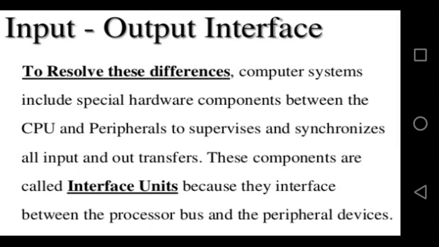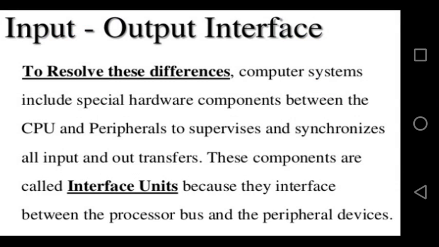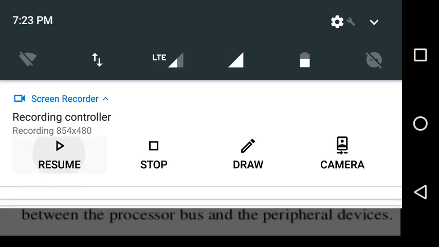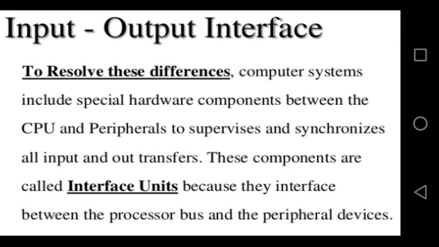These components are called interface units because they interface between the processor bus and the peripheral devices. So, to resolve all these differences, we need some special hardware component.